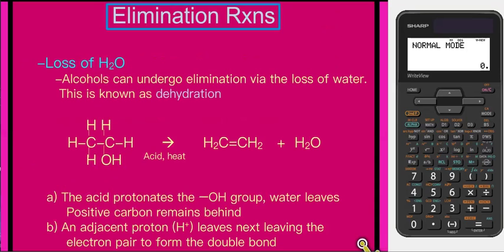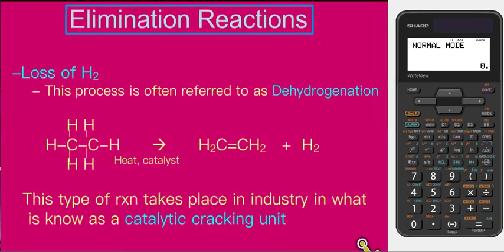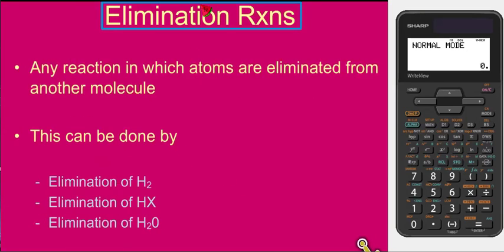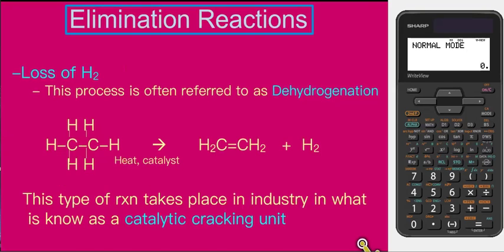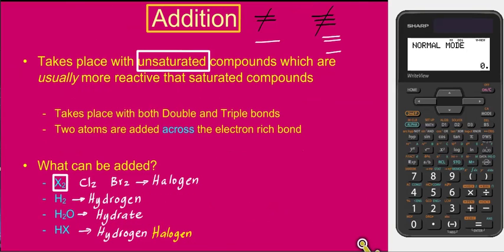Let's go back to another reaction, the elimination reaction. They are taking the same names that I gave you. We will start them with DE. DE means removing. So when you know addition, you know elimination.